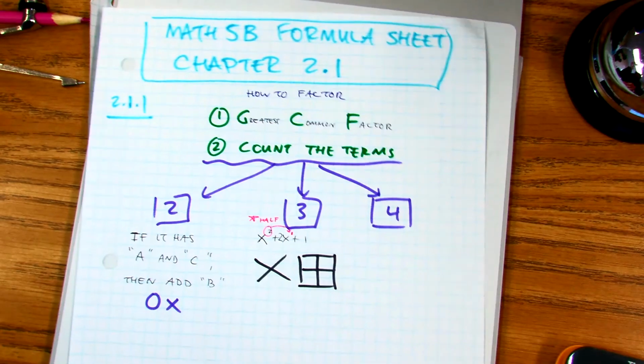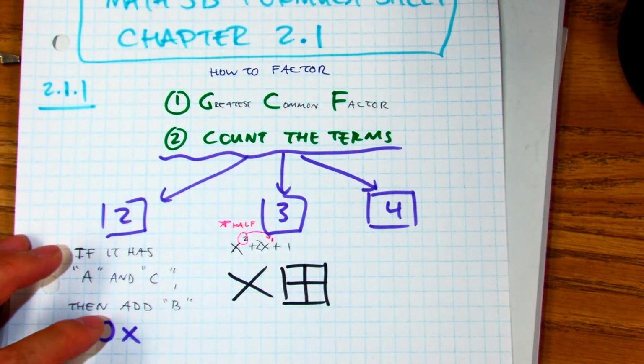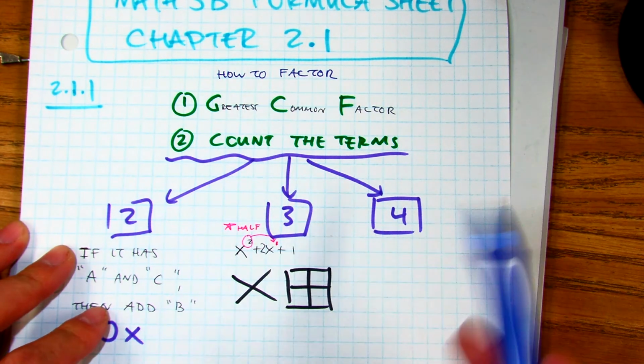If it's not half, that probably means that you just need to take greatest common factor and that's it. And then if you have 4 terms, then you can use factoring by grouping.